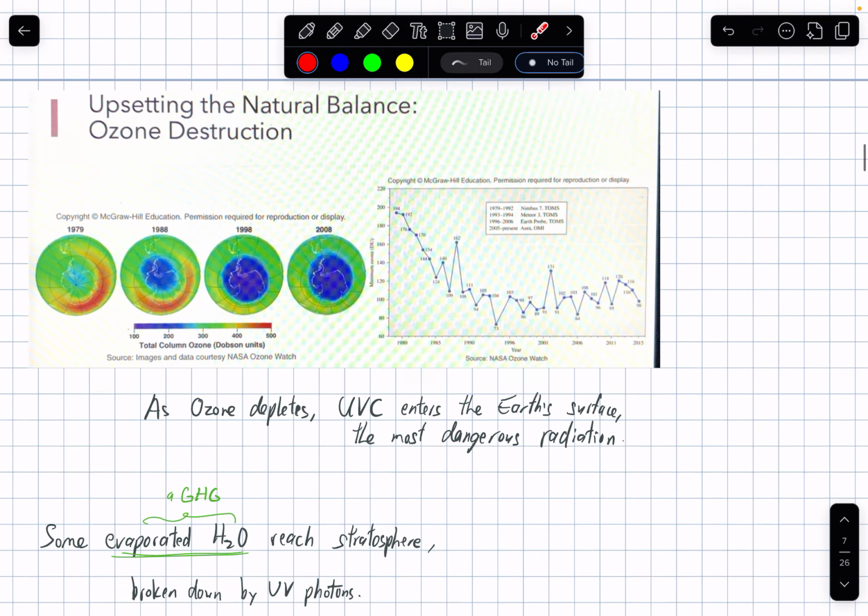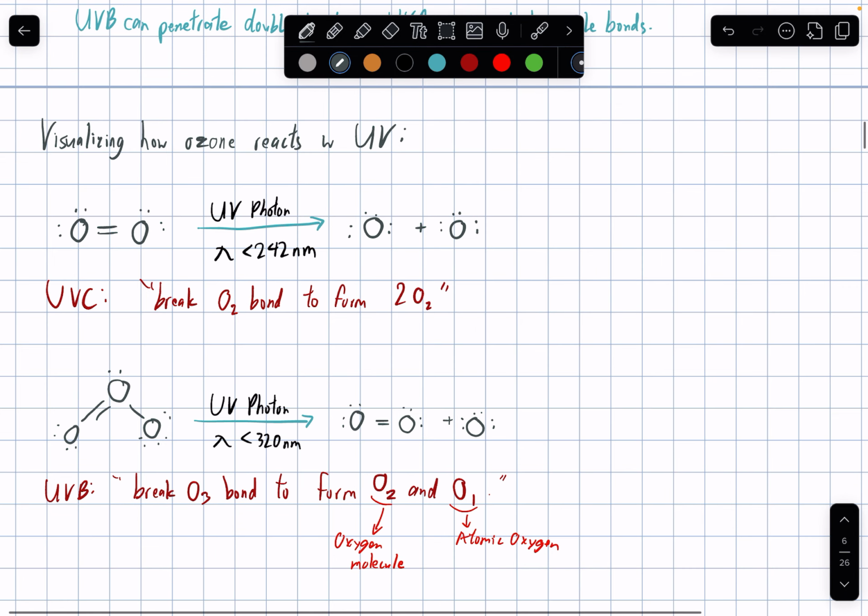So Lewis structures. I'll be making a video for that specifically, but essentially in this part, how ozone reacts with UV. So you have two atomic oxygens.